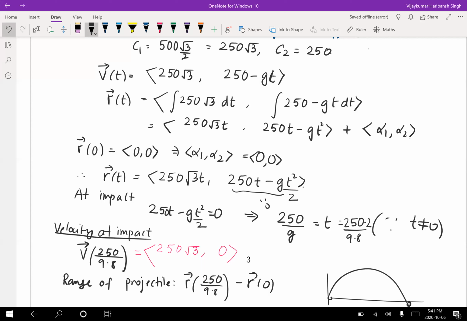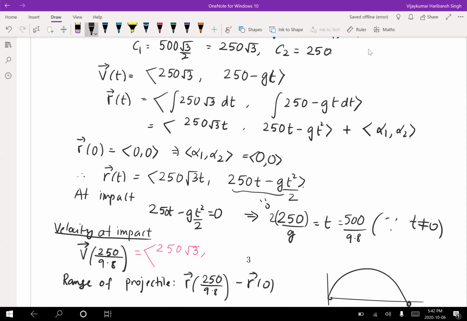So the velocity in this case is v of t. When I put t equals 250 by 9.8, we'll get 2 times 250, that is 500 by this.